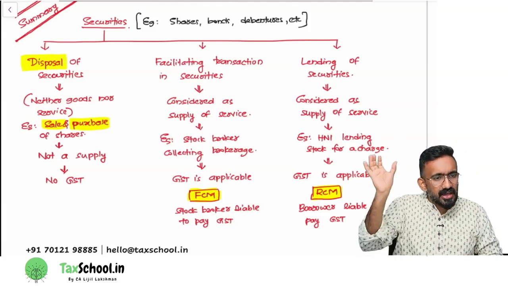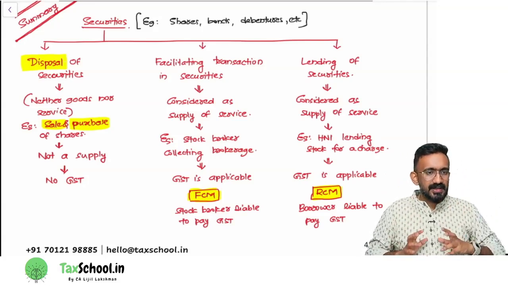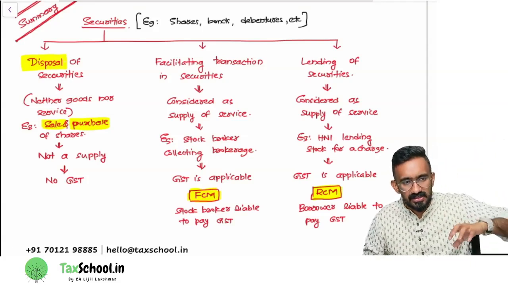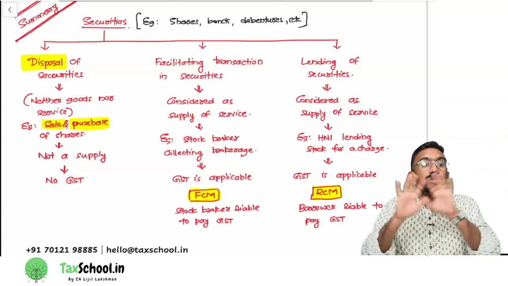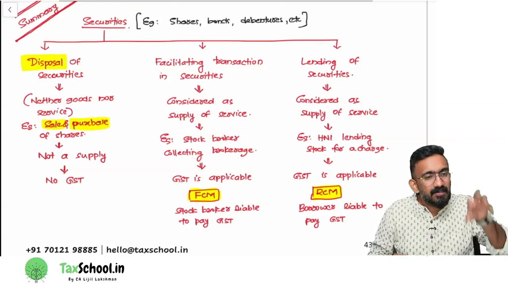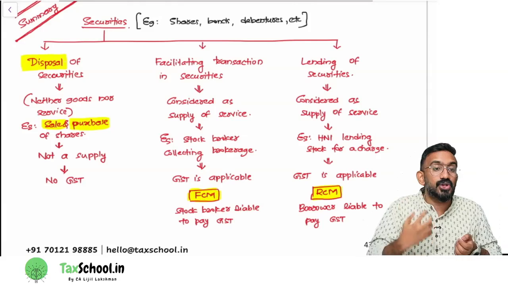Service is anything other than goods, money and securities. So we can conclude that securities and money are excluded from both goods and services. However, the exclusion is not complete. Some activity relating to money and some activity relating to securities are included back in the definition of service.